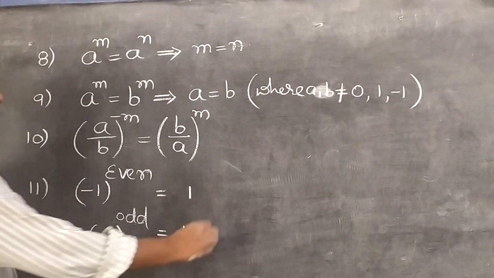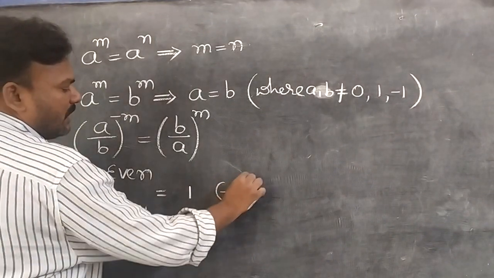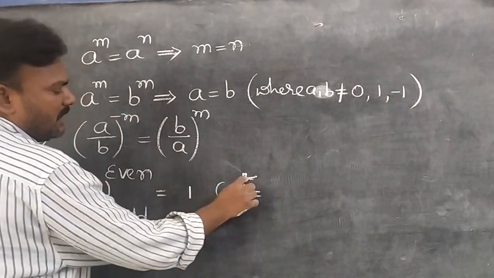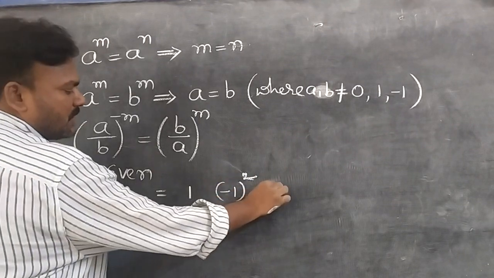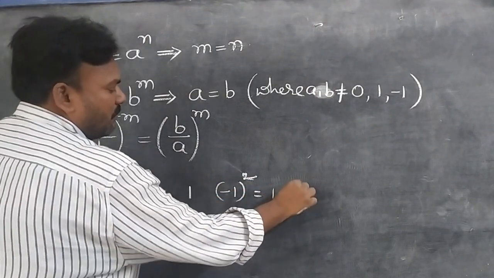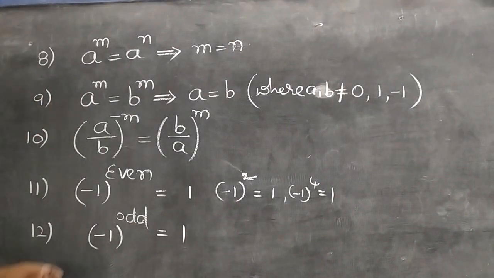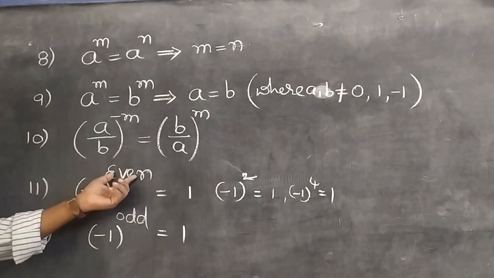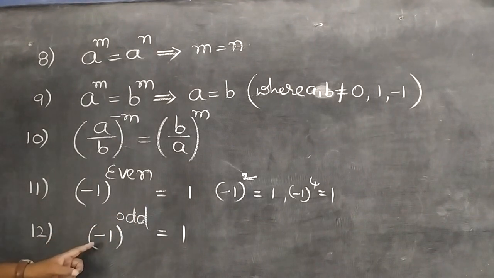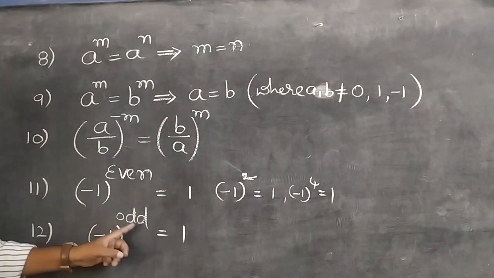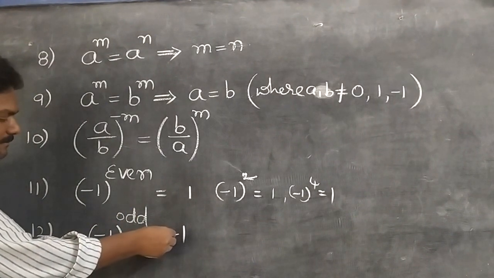For example, minus 1 whole square equals 1; if it is an even number, minus converts into positive. If you take minus 1 whole power 4 also, it becomes 1. That's why we conclude that minus 1 whole power even number equals 1 and minus 1 whole power odd number equals minus 1.